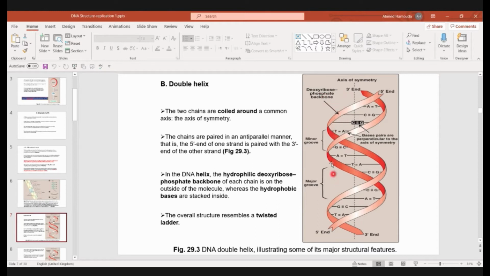And as you can see, when this double helix or the chains are coiled around, there is what we call a minor groove and a major groove. These are just openings in the two chains. At the location where they turn around, they make grooves, and one is small and the other is big.